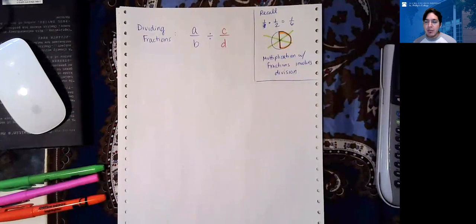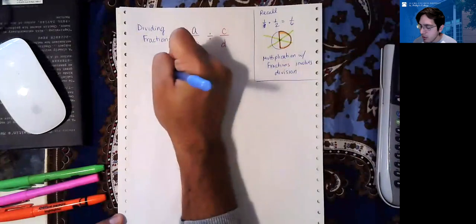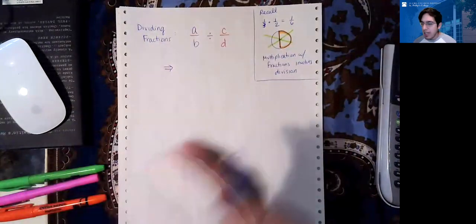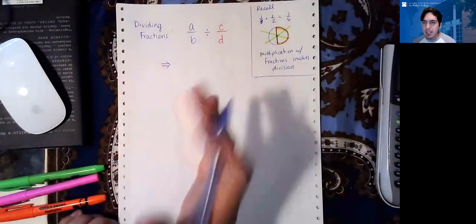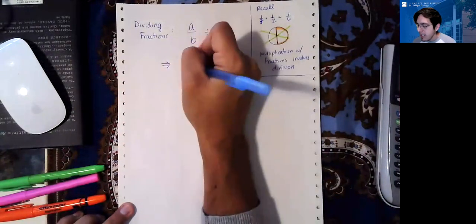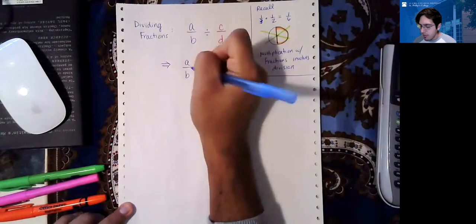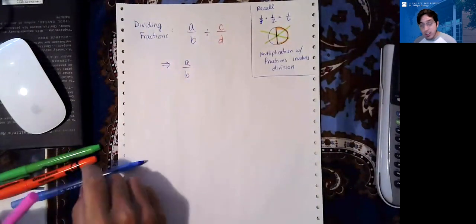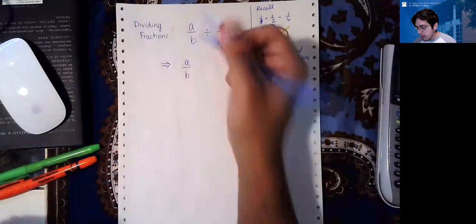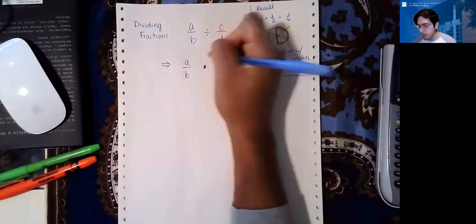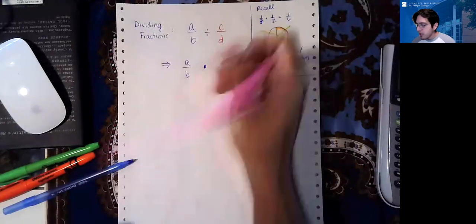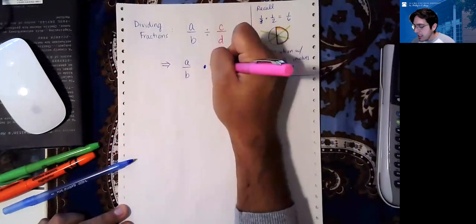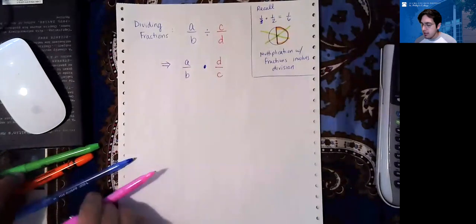So when we divide fractions, a mathematician would say, well, it'd just be easier if we could just multiply. So the rule that will work in all cases is that we won't actually technically divide these. We're just going to take our first fraction, a over b. We're then going to switch to multiplication. And then we're going to flip the second fraction to its reciprocal, which would be d over c.